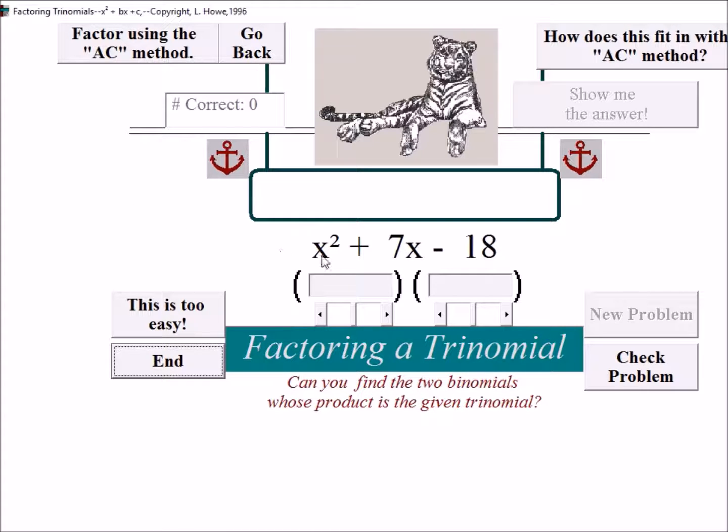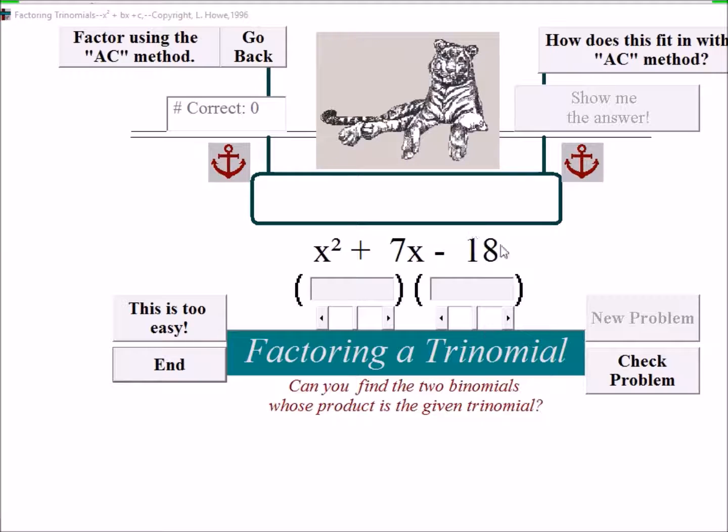Let's look at this problem, x squared plus 7x minus 18. I've said that you can read what you need. I'm going to read it to you here. I am looking for two numbers whose product is 18.